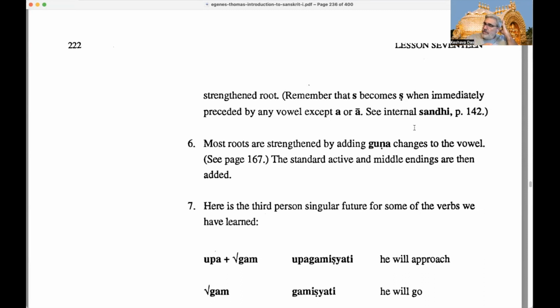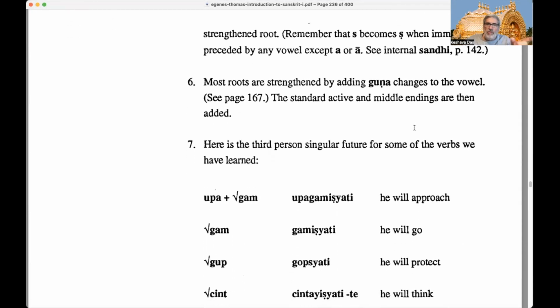A short i becomes an e if it's strengthened. So there's guna and vriddhi. So strengthening means making it the guna. So most roots are strengthened by adding guna changes to the vowel. And for this, we should look at page 167 if we can't remember what that is. The standard active and middle endings are then added. All those tiptasanti, mitposmas, like that, te, ate, ante, like that. Those endings are just added at the end.